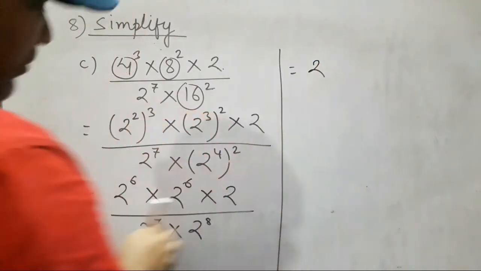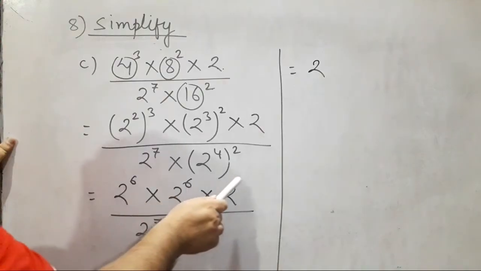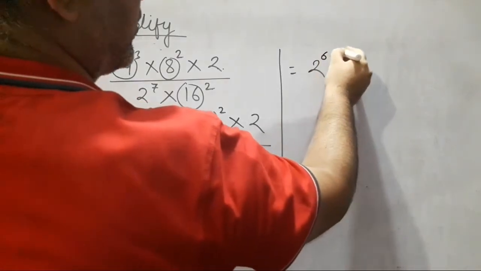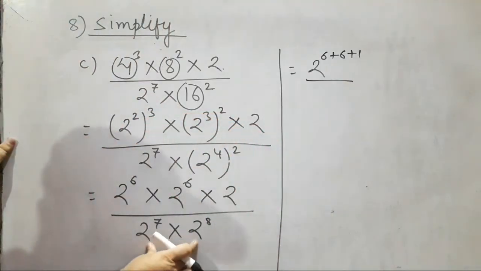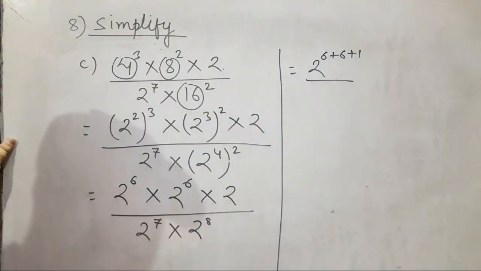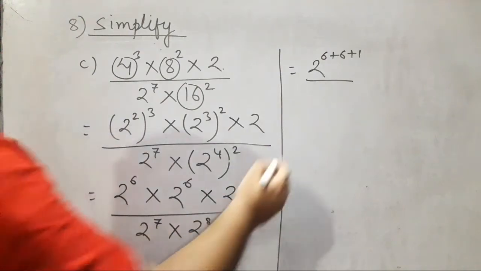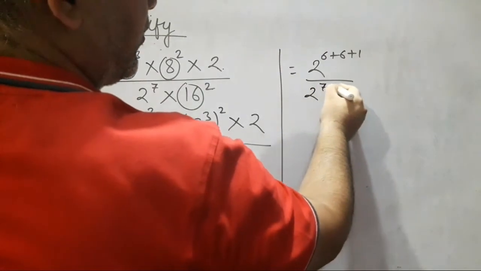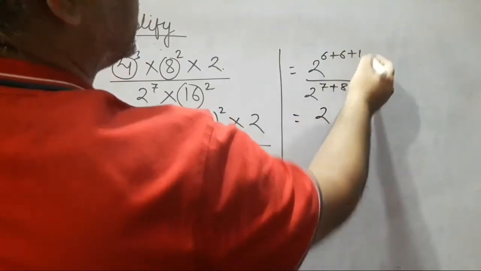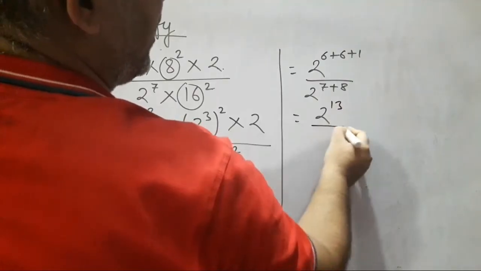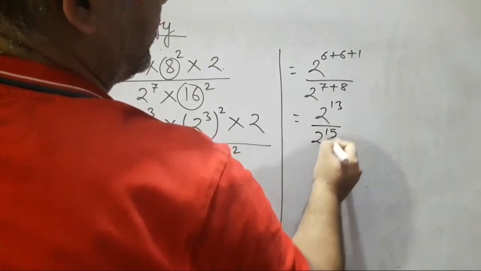So 2 power 6 plus 6 plus 1, by, here also same bases are multiplying, so we can add their powers, 2 power 7 plus 8. So 2 power 6 plus 6 plus 1, 13, by 2 power 15.